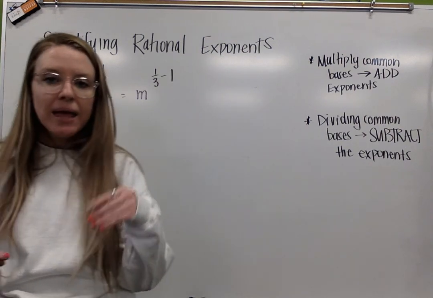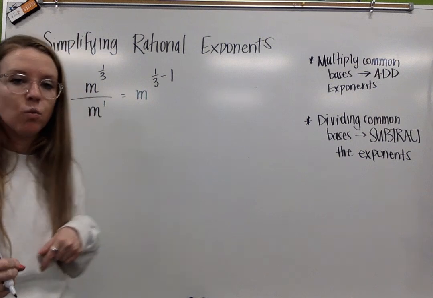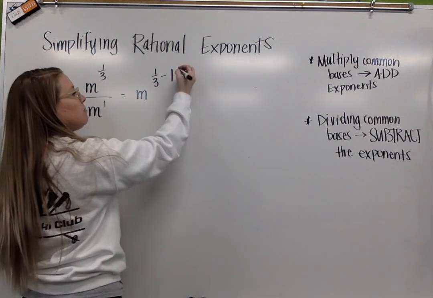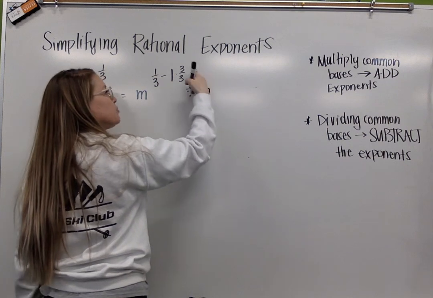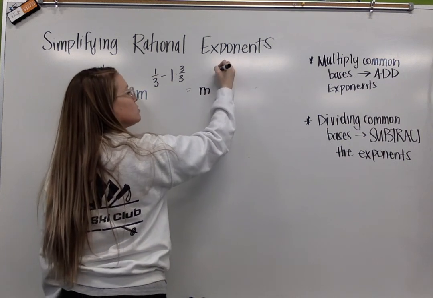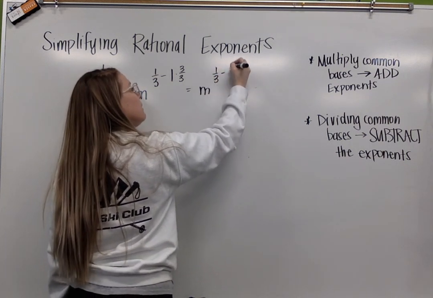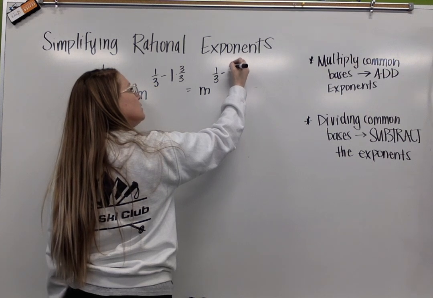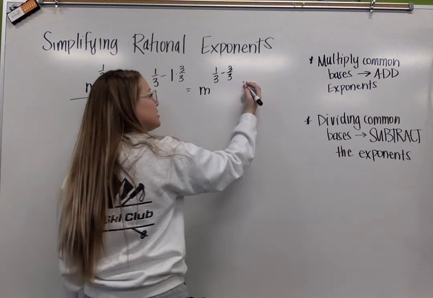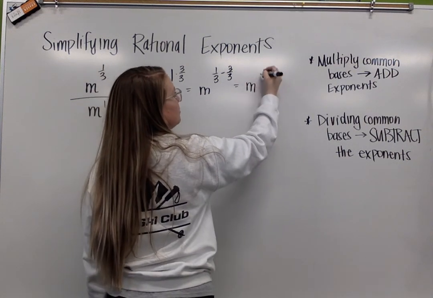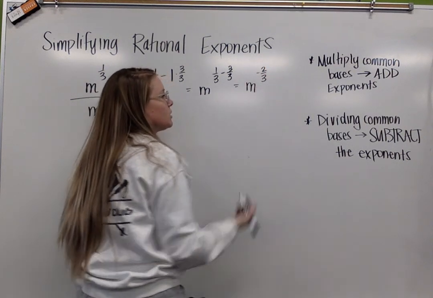So I'm dividing by that m to the 1st, so I'm subtracting 1. I need a common denominator, so I'm going to change my 1. I'm going to multiply it by 3 over 3. So now I have 1/3 minus 3/3, which is going to give me m to the negative 2/3.